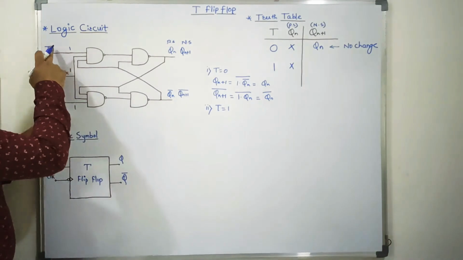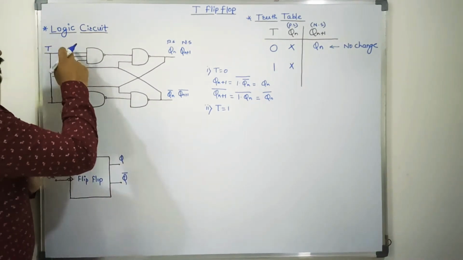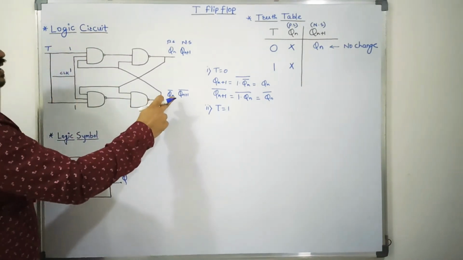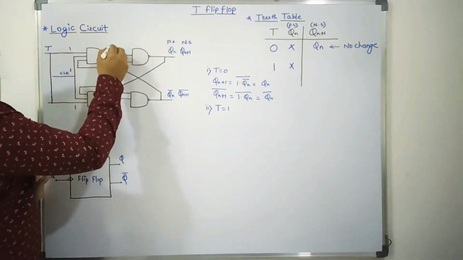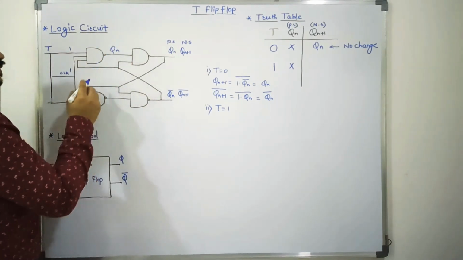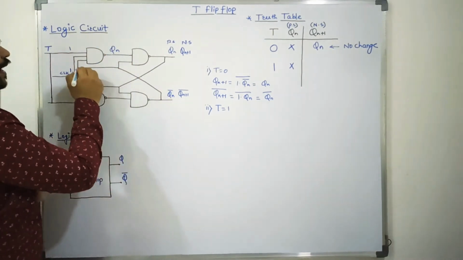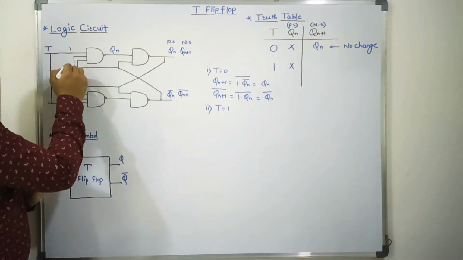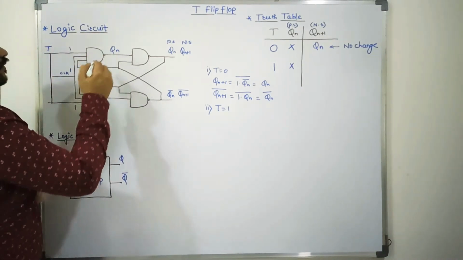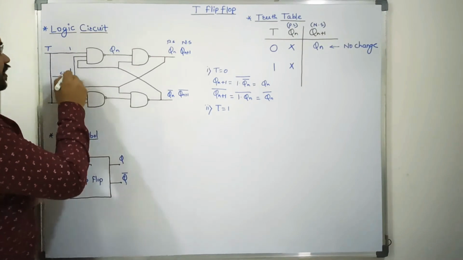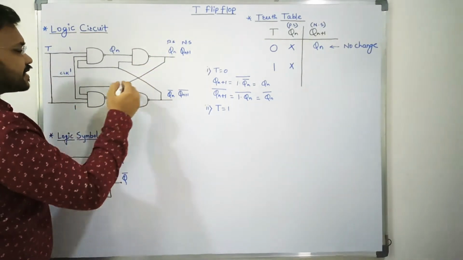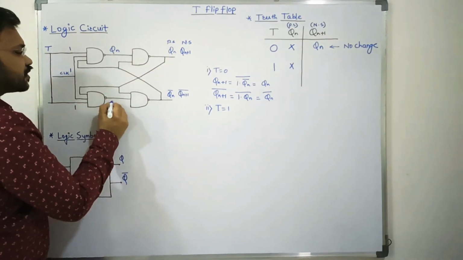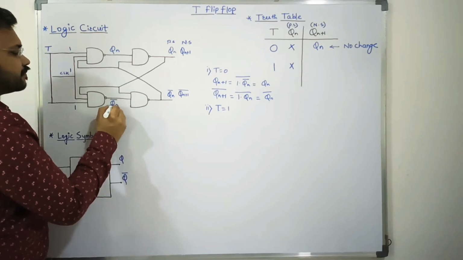But here J and K are 1, and with Qn bar by using this feedback system, 1 into 1 with Qn bar we get Qn. Next, 1 into 1 with Qn, we have Qn bar.